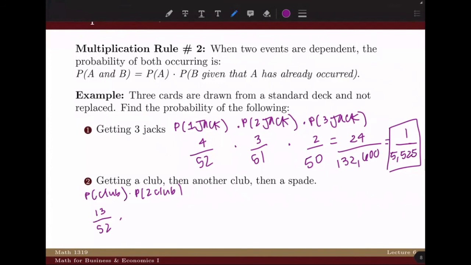That leaves 12 to choose from out of now 51 cards in our deck. We are now going to multiply this by the probability of getting a spade. We are assuming 2 clubs have been taken out of the deck, so I still have all 13 of my spades in there. However, I only have 50 cards at this point since I've removed 2.